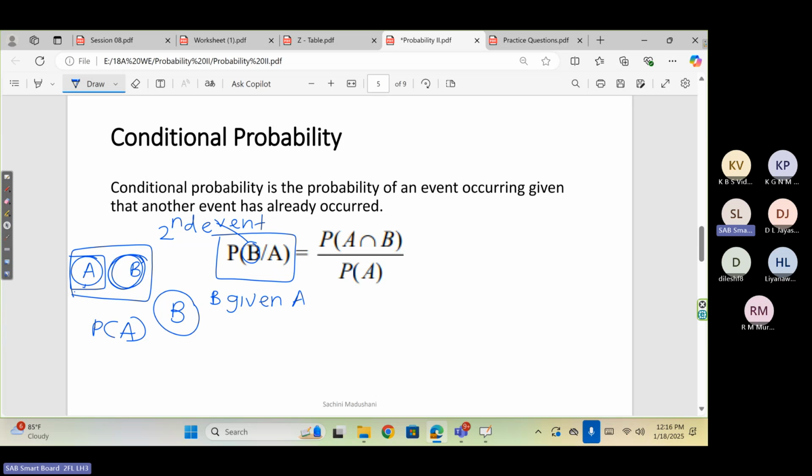Next we write A, which is the first event. So this is B given A.